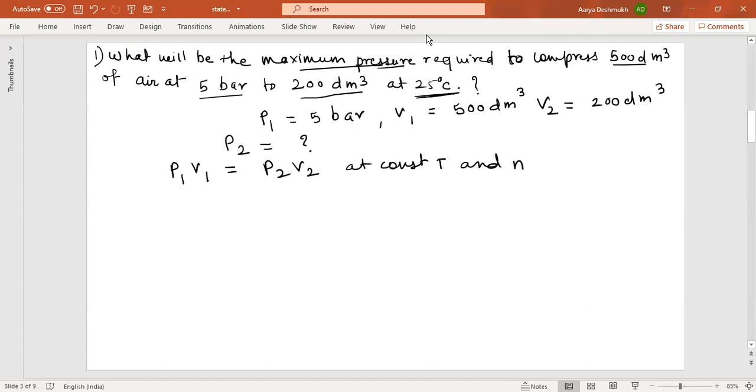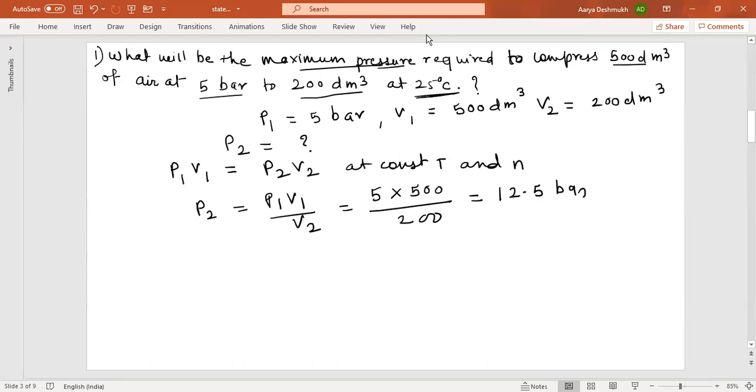You just have to substitute the values, and it becomes easier. So P2 equals P1 V1 divided by V2. Very simple calculation: 5 into 500 divided by 200, which is equal to 12.5 bar. So, a very simple problem.